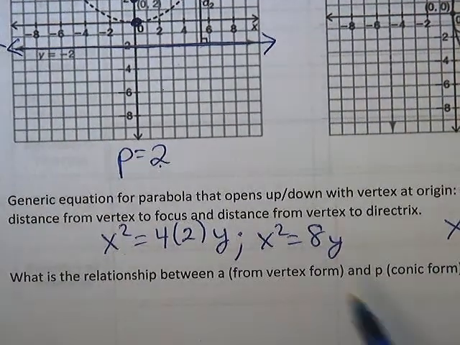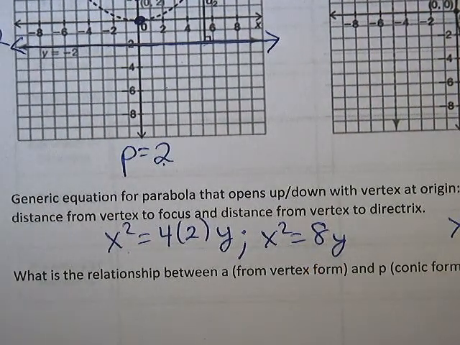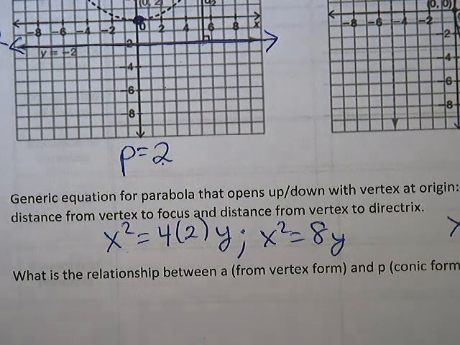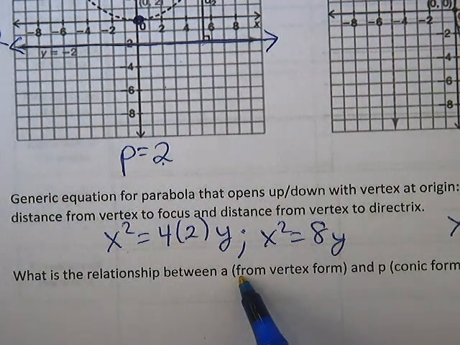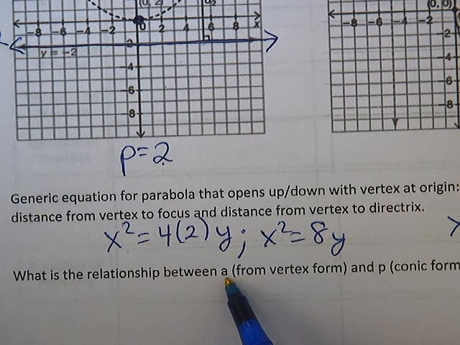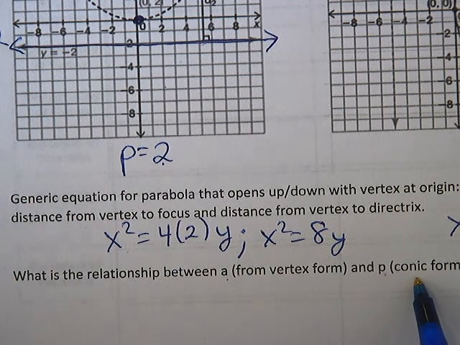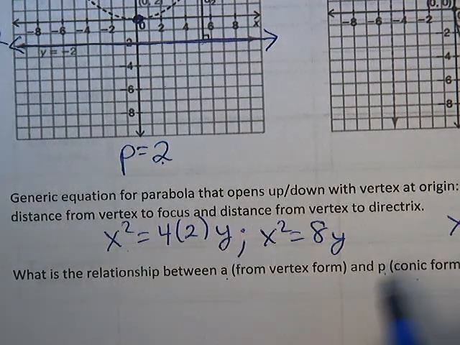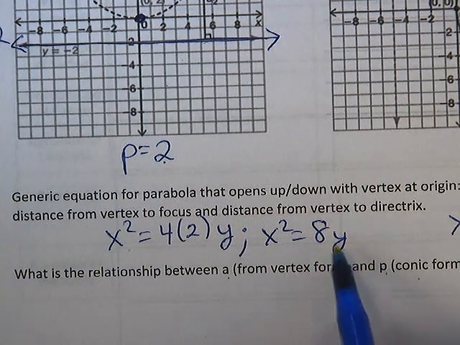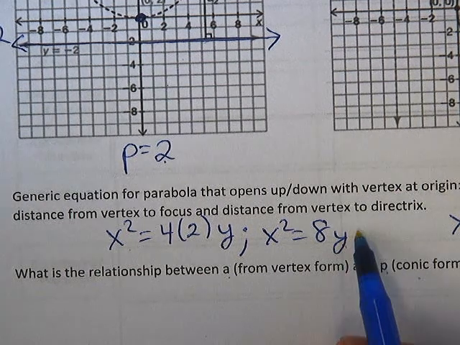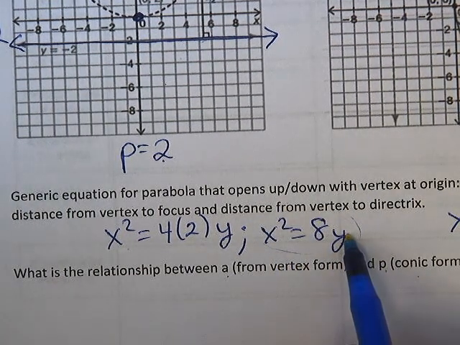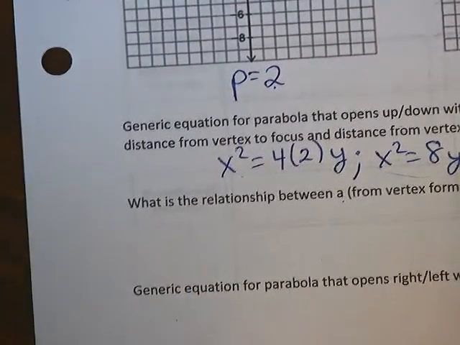Okay, so now we're kind of curious. We know what P is. It's the distance from the vertex to the focus. But what is the relationship between A, when you're in either vertex form or standard form, and P when you're in this conic form? So remember that in standard form, we have y by itself. So let's manipulate this equation to get y by itself.